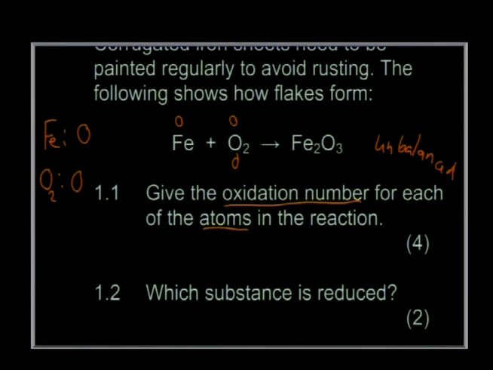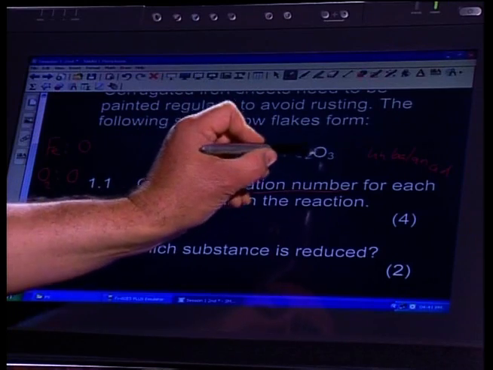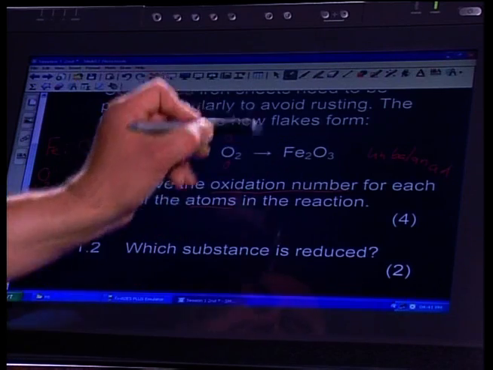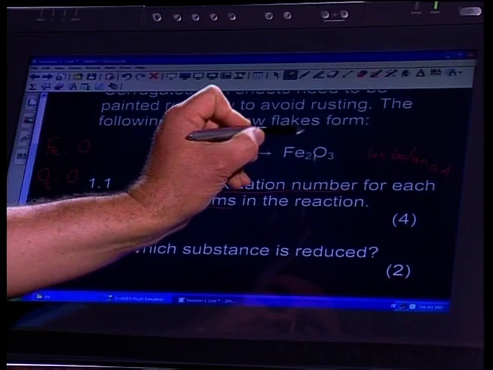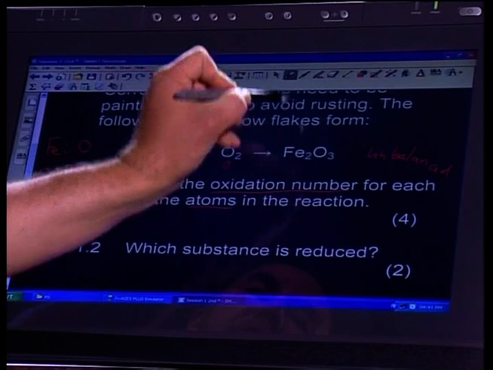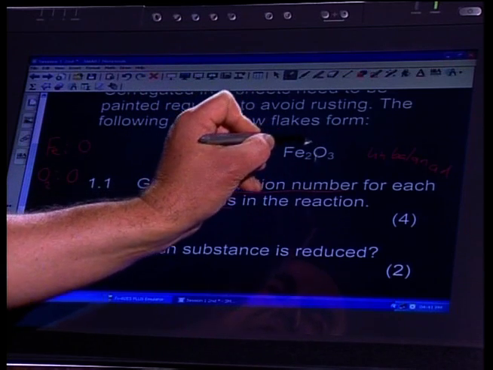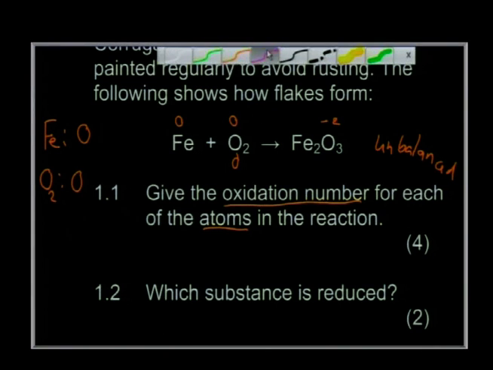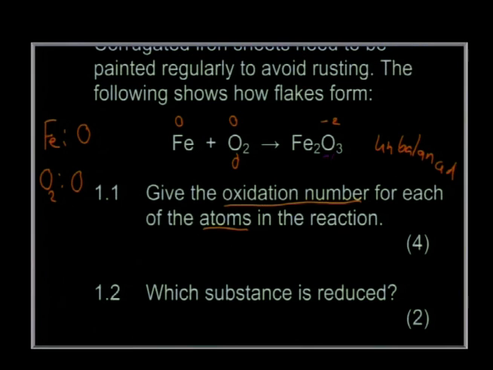Now we come to this one. So we've got Fe2O3. This is iron 3 oxide. Now, the way we're going to determine the oxidation number is we're going to apply the rule that says, let's put in the oxidation number of oxygen, which is -2. So -2 times 3 gives us -6.